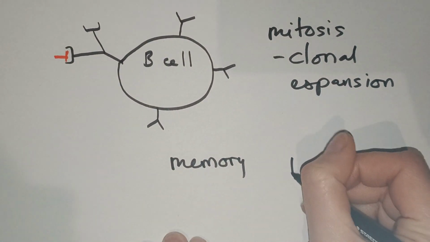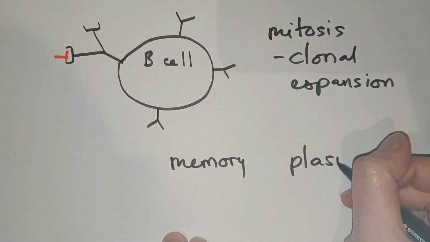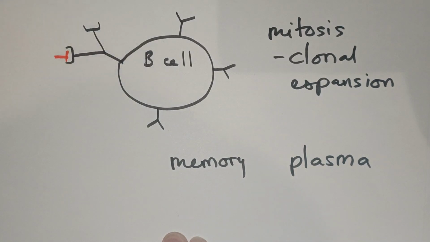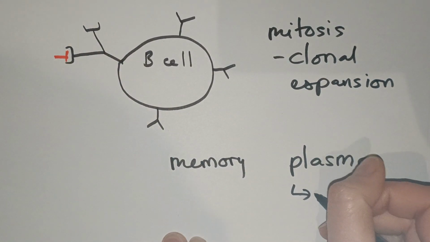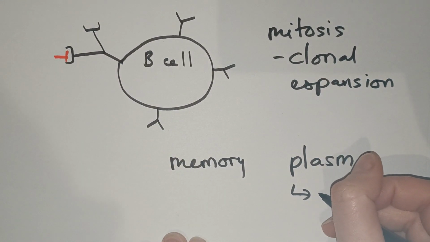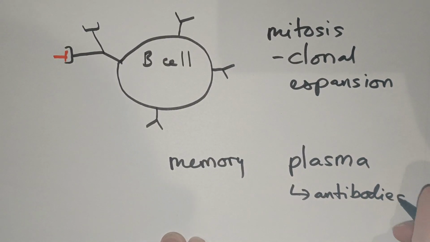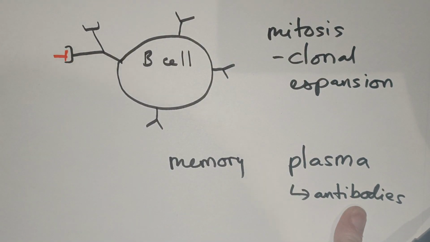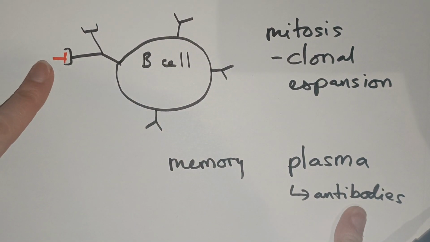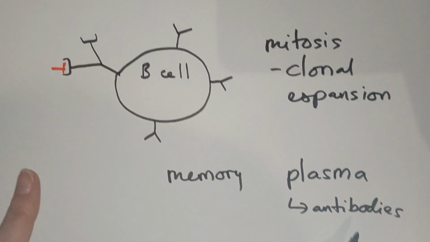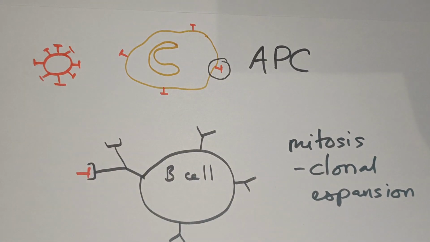But we will also produce plasma cells, and it is those plasma cells, short-lived, high energy expending cells, that actually give out our antibodies. And those antibodies will be an exact match for the ones on the original B cell and will be completely complementary to the antigen that we are trying to deal with. So we will be able to form new antigen-antibody complexes.